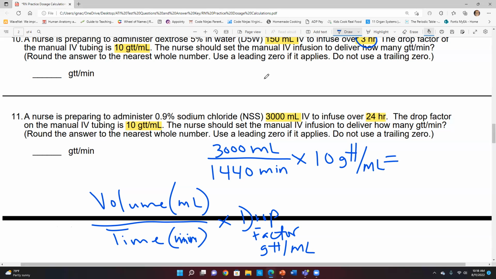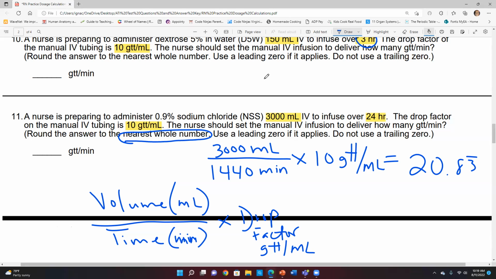I will perform this calculation. 3,000 divided by 1440, and then I will multiply that by 10. And the answer that I get is 20.8333, right? So let's make sure that we are rounding to the nearest whole number.